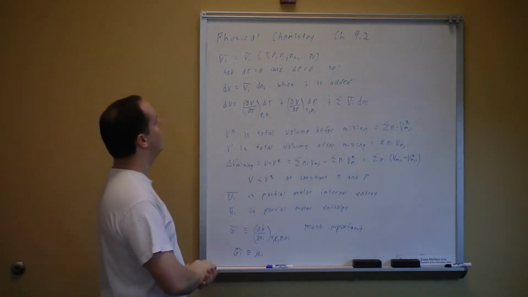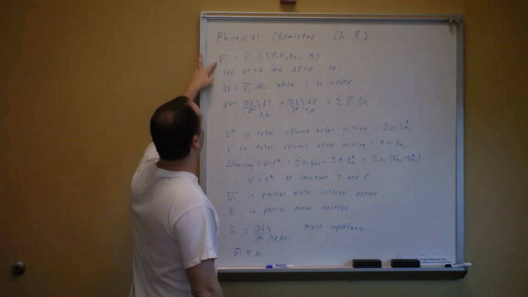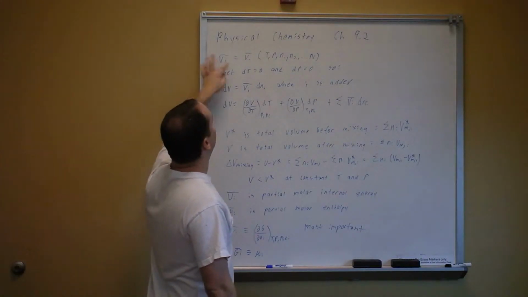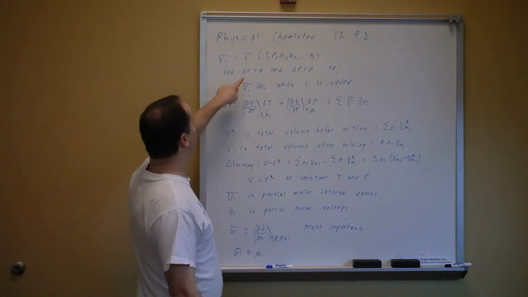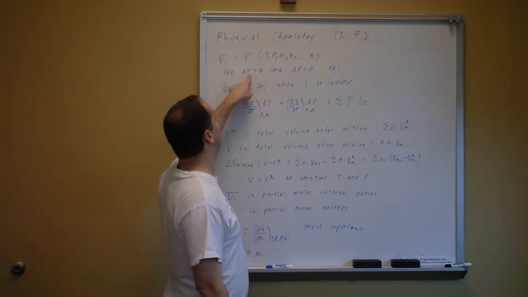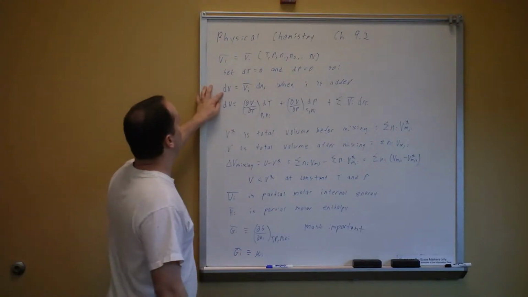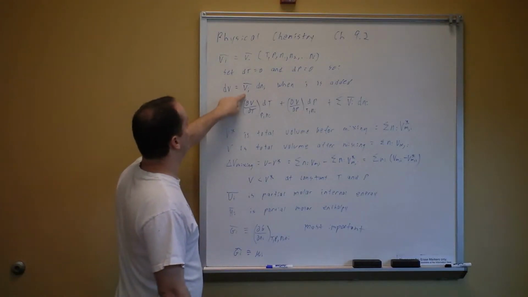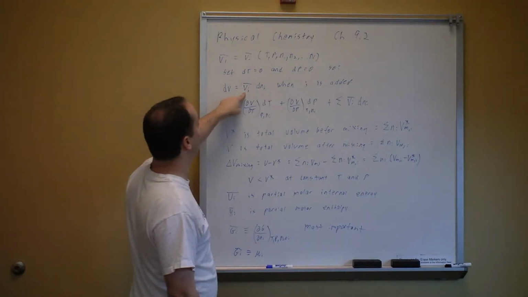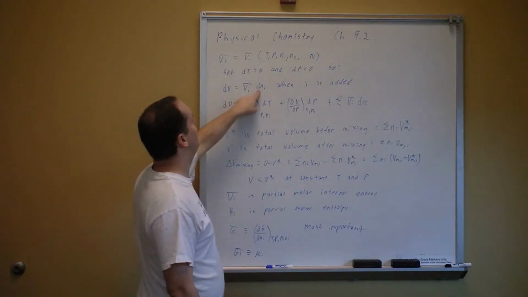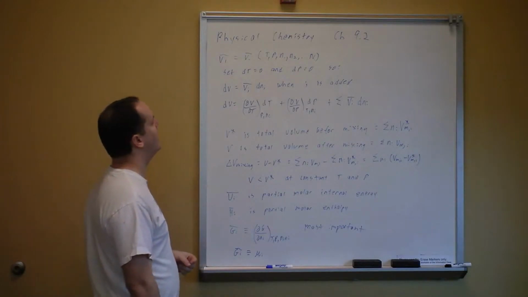Continuing on physical chemistry, chapter 9, this is the end of section 2. So we have the partial molar volume of substance i is just a function of temperature and pressure and the amount of each substance. Now, if we set the temperature constant, so dT equals 0, constant pressure, so dP equals 0, then we just get the differential of volume is equal to the partial molar volume of each substance times the change in the number of moles of each substance when that substance is added.